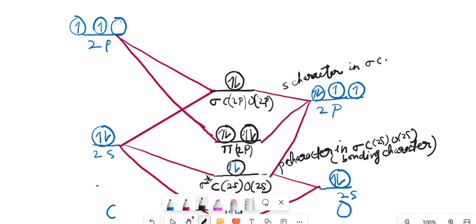Due to the s character in the bonding molecular orbital, the s character in sigma C2p O2p is the anti-bonding character.